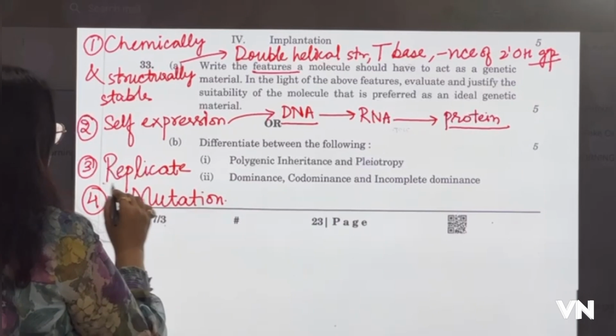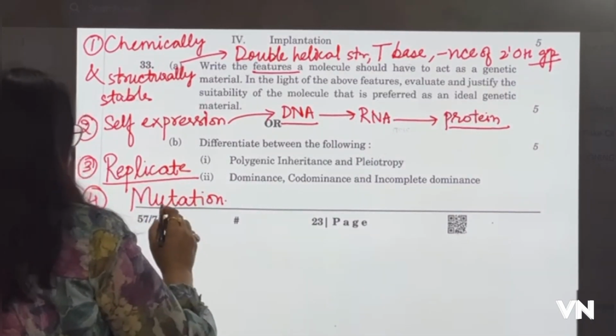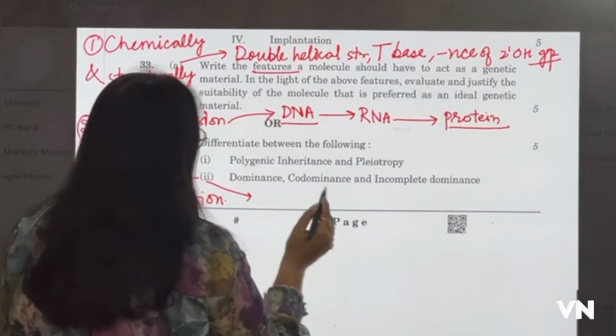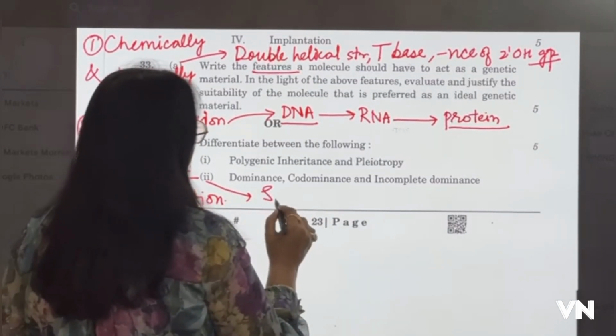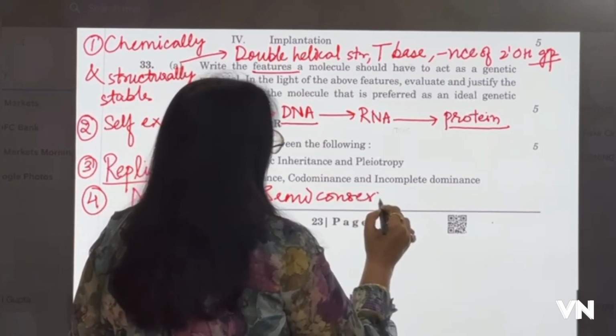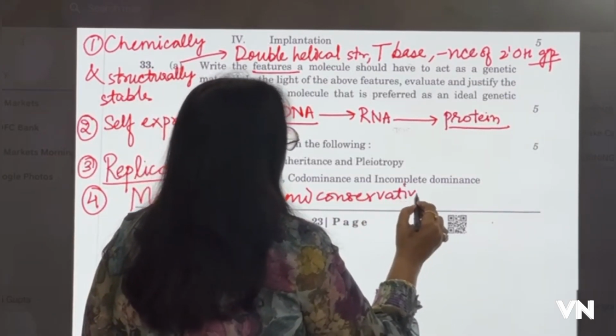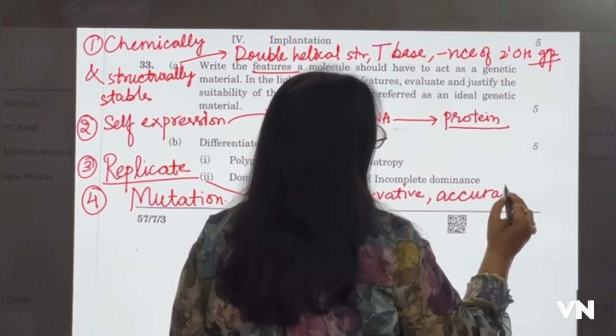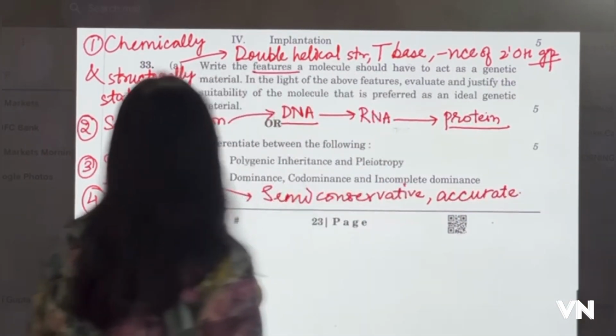And replication. You know, the DNA is able to replicate, though it is semi-conservative replication. Semi-conservative and accurate replication takes place in DNA.